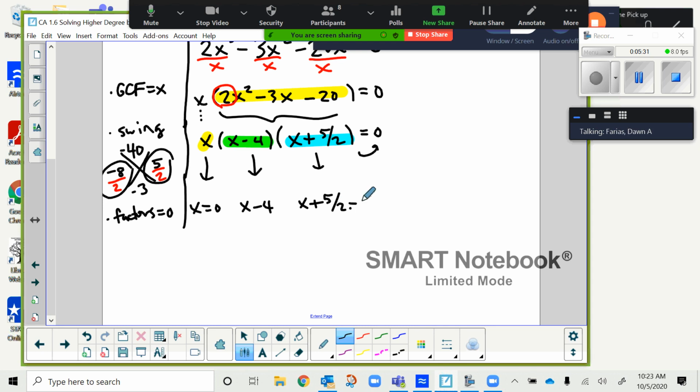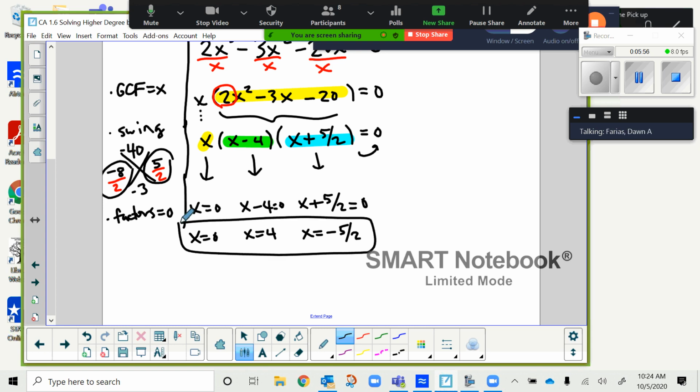And for this first one, x equals 0, there's nothing else I can do. For x minus 4 equals 0, we get x equals 4. And x plus 5 halves equals 0 gives us x equals negative 5 halves. So that's our answers for the first one.